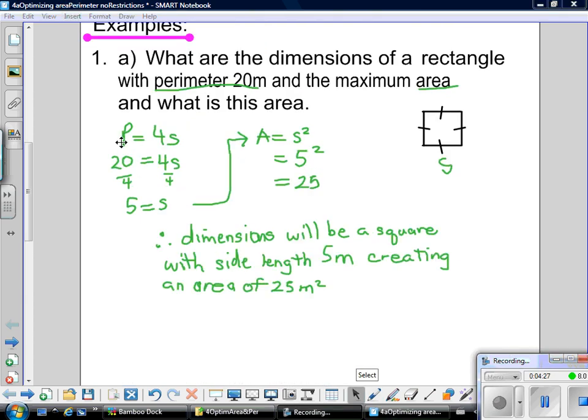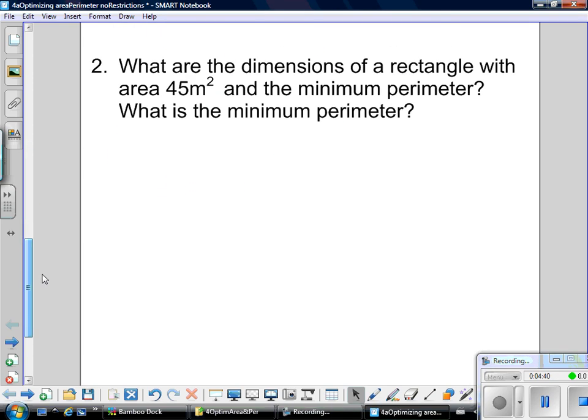So this is important in the sense that if you're given the perimeter, you're going to divide it by 4 to find the side length, and then to find the maximum area, you're going to take that side length and square it.